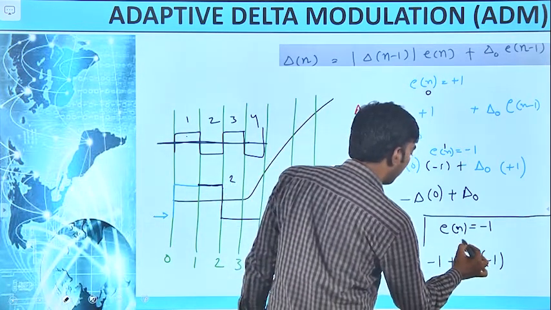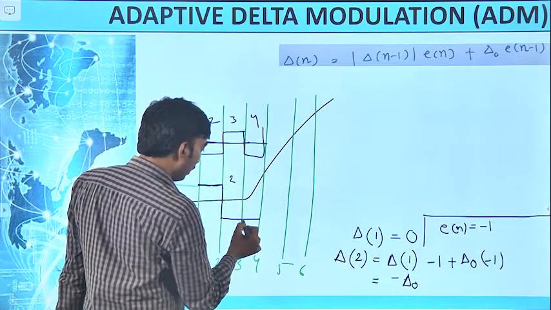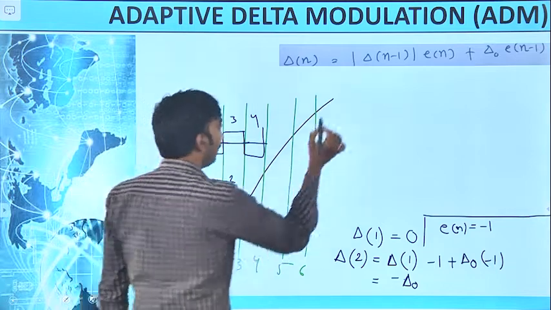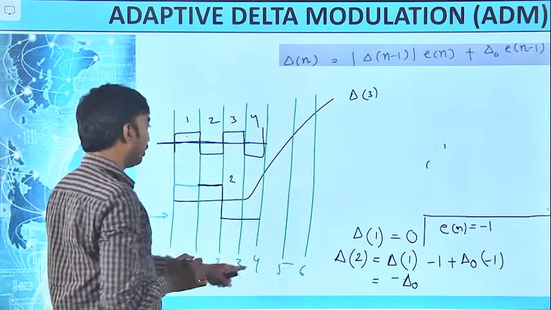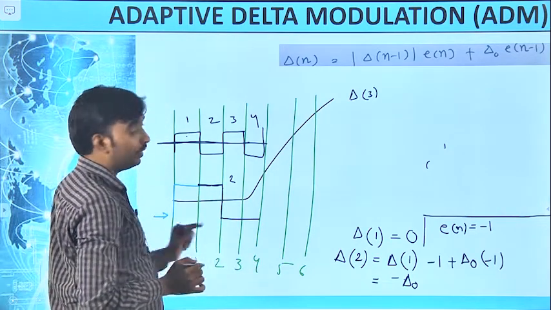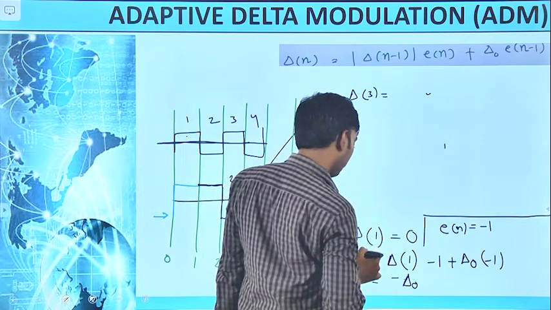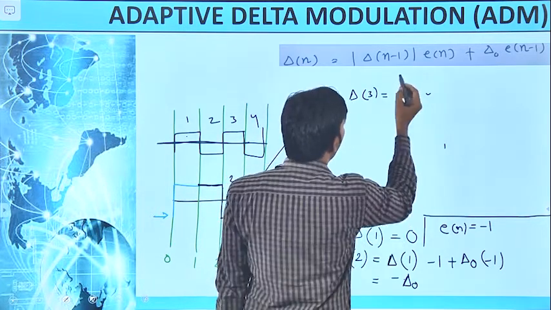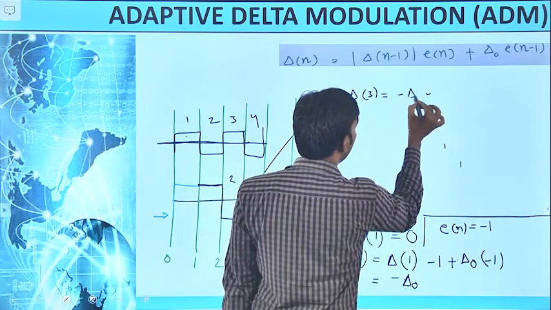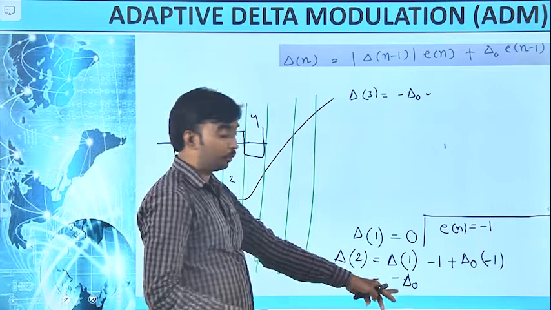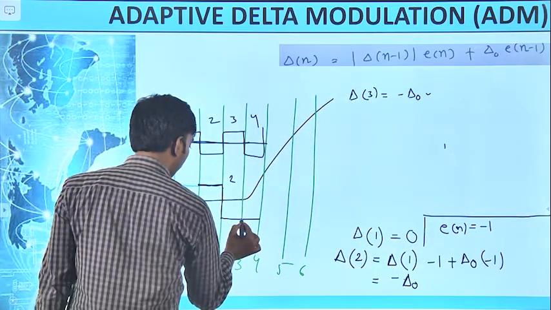Now you remember this one. Now I am taking del 3 and calculating, because if I want to calculate del 4, I have to calculate del 3 also, right? So del 3 is equal to del of n minus 1, that means del of 2 is minus delta naught. I am straight away substituting, del of 2 is minus delta naught, and E of n minus 1, what is E of n minus 1 at 3?